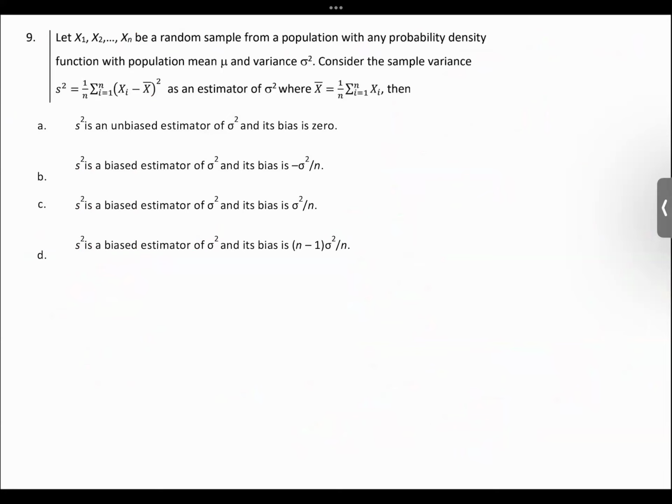It's also similar, but here they've just given a different value of S square. In the last question, S square had 1 by n minus 1, right? But here it's 1 by n times the summation of xi minus x bar the whole square. So we need to see if S square is unbiased or biased, and if it is biased, what is the bias?